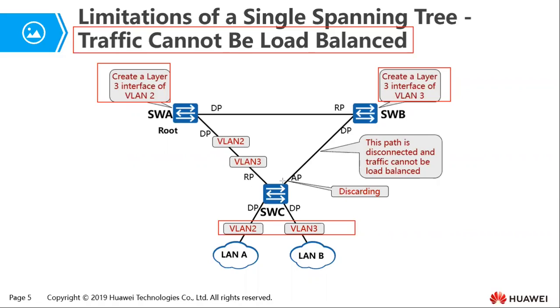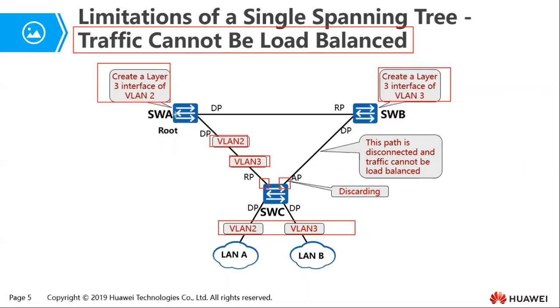So you see, because this interface here has to be blocked, it means that we have to allow VLAN 2 and VLAN 3 on this particular interface.